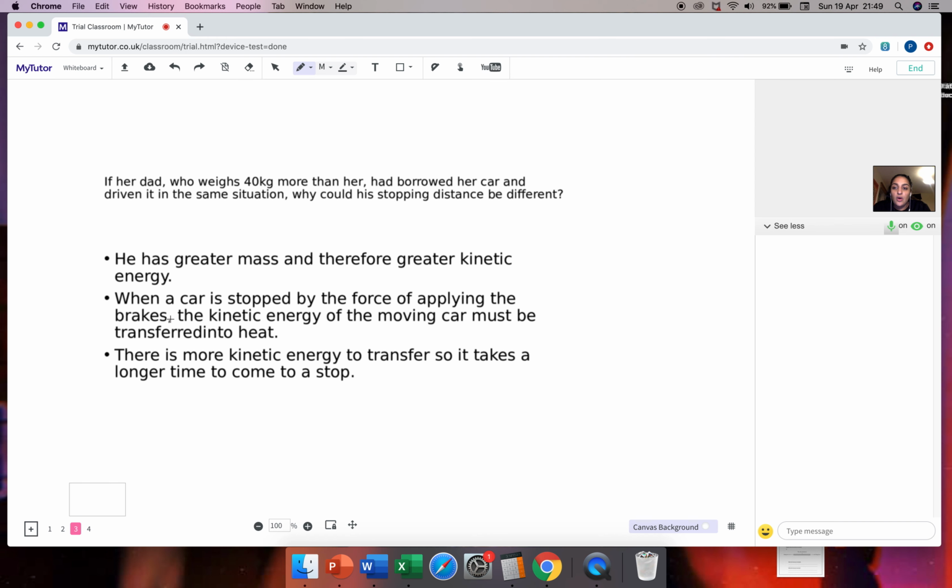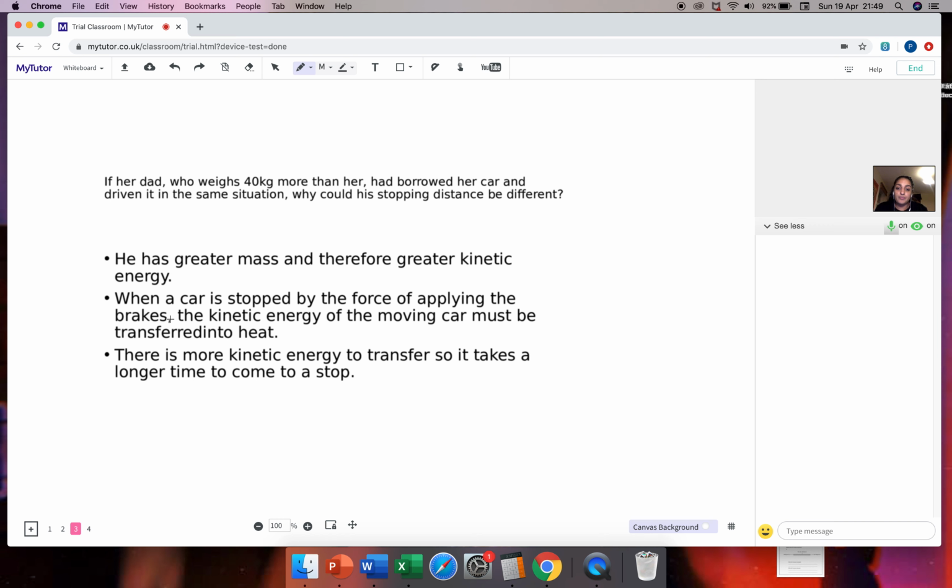Moving on to her dad, who weighs more than her, driving the car in the same situation. So why would his stopping distance be different? Well, the key bit of information in this question is that he weighs more than her. So because he has a greater mass, he therefore has a greater kinetic energy.